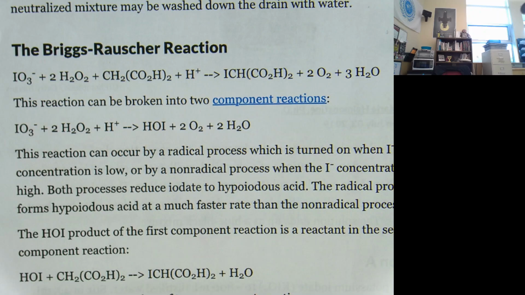This is hydrogen peroxide. Before I pour it in, I'm going to get this thing stirring. Come on. There we go. Okay. Here we go.